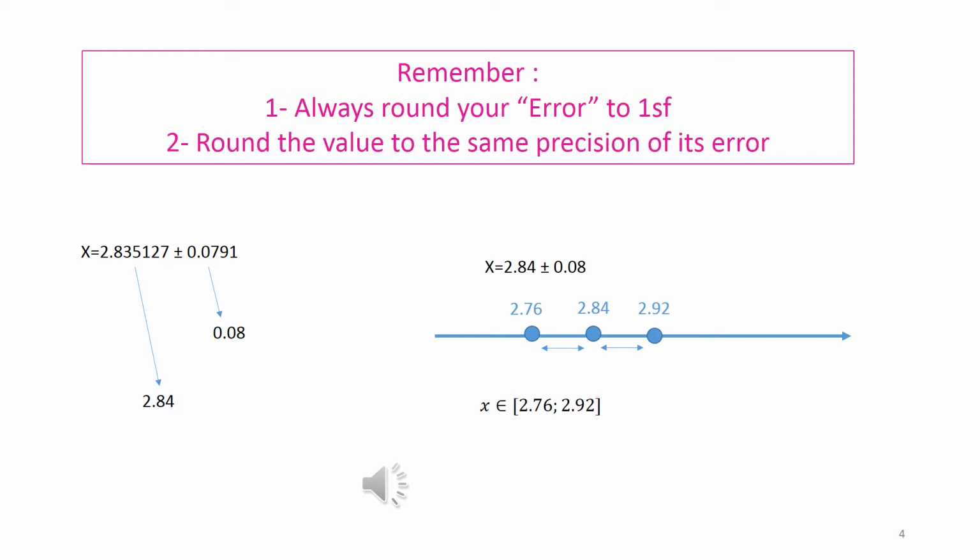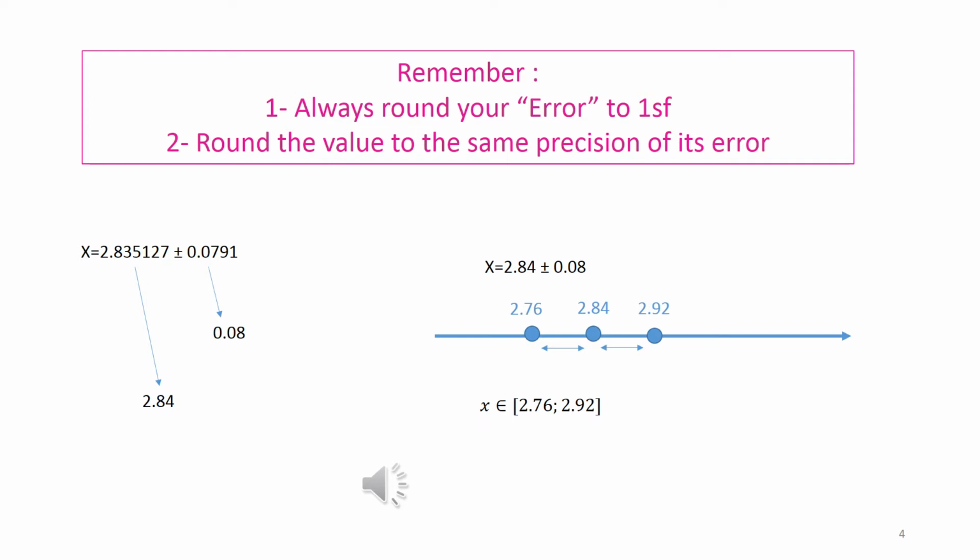Now, since you have 2 digits past the decimal, you have to limit your value to the same precision. So 2.835 blah blah blah should stop at 2.83, and you have to round this number.